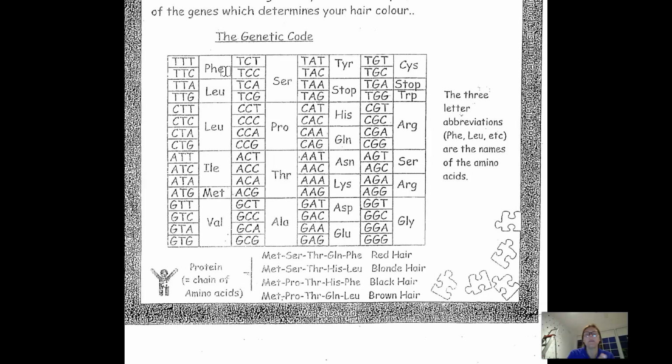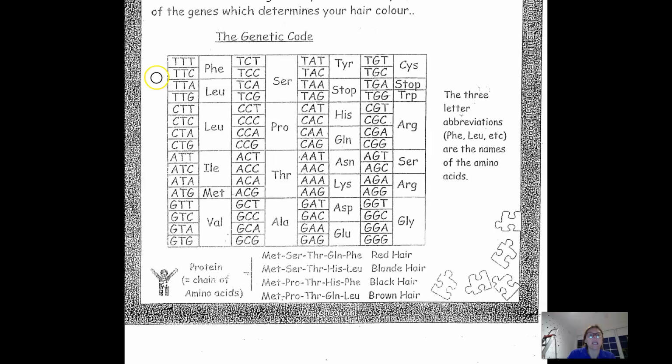So you could be sitting next to a person that might have their code TTT and the rest might be the same, but the person sitting next to you might have TTC and the rest might be the same. It's going to make that same group of amino acids. So different codes can still make the same amino acid that will still make the same protein in your body, which will still result in curly hair or straight hair, but your code is different.